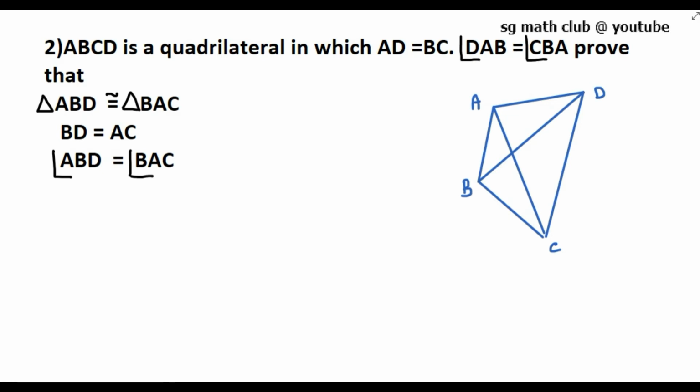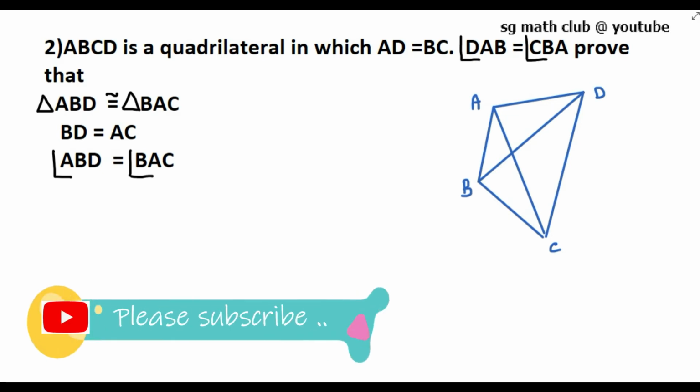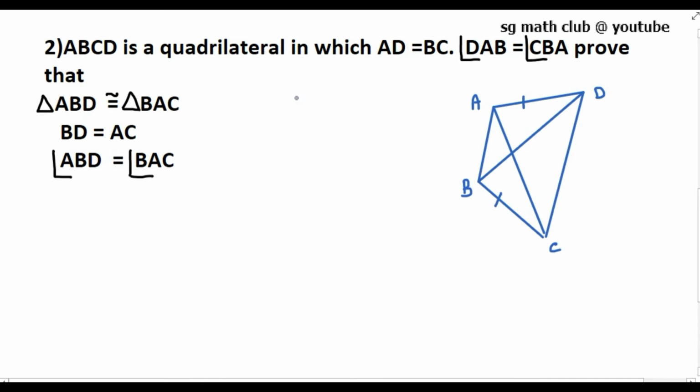Now the second question is, ABCD is a quadrilateral in which AD equal to BC, and angle DAB, this full angle, equal to angle CBA. We need to prove triangle ABD is congruent to triangle BAC.